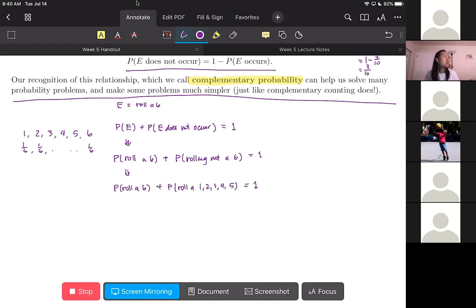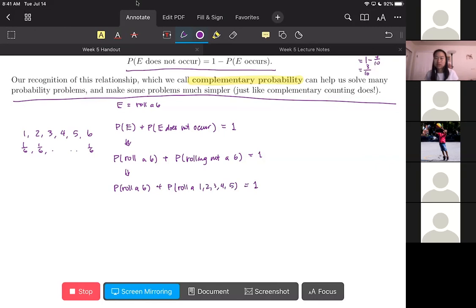This is, I would say, less useful when you're directly counting something like this, because you can very easily in this example directly count that the probability I roll not a 6 is just 5/6. But this is very useful when you get to questions where counting the complement is going to be easier than counting not the complement.